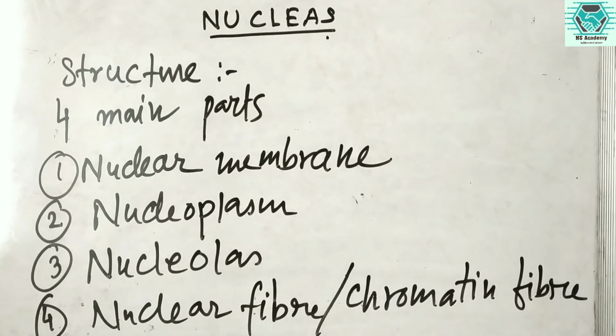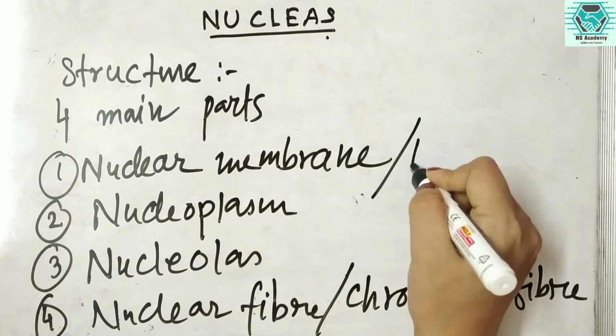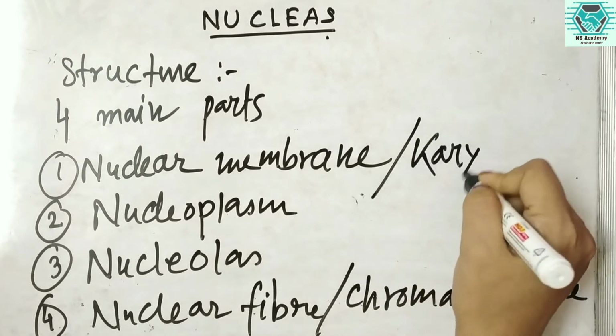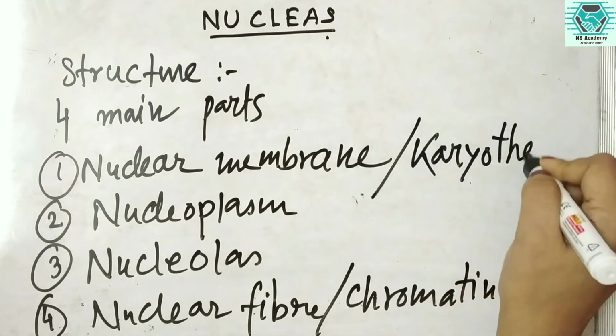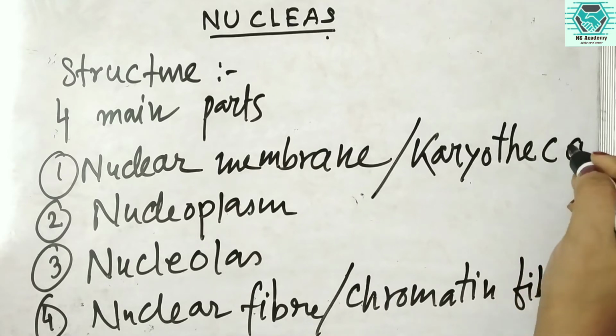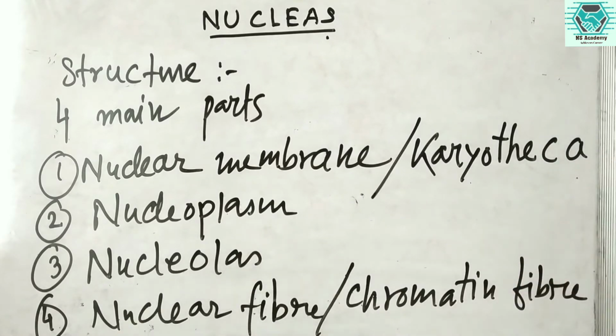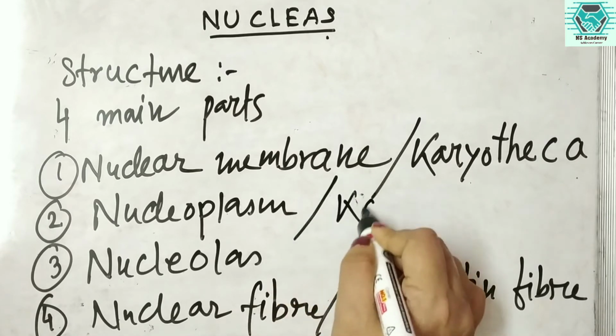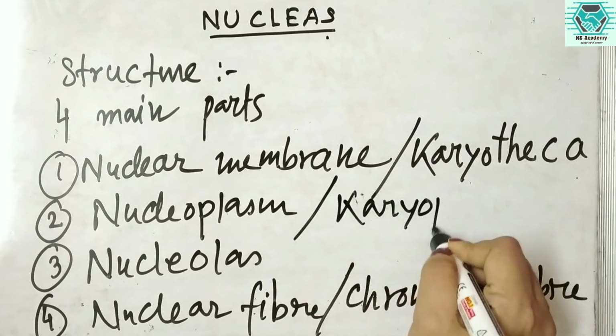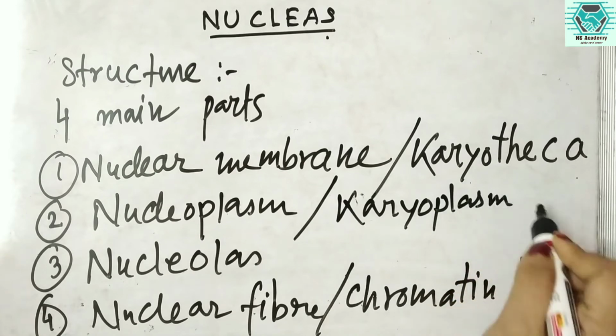The nuclear membrane is like the cell membrane, nucleoplasm is like cytoplasm, nucleolus is present at the center of the nucleus, and then the nuclear fibers. The nuclear membrane is also known as karyotheca. The nucleoplasm is also known as karyoplasm.